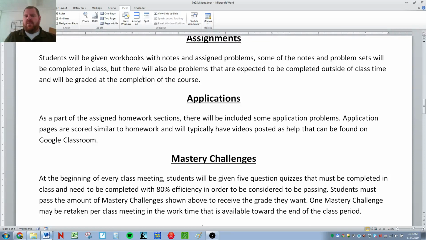Students will be given workbooks with notes and assigned problems. The workbook will look how I just showed you, and in between those notes you'll see assignment number 1, number 2, and so on. They're all numbered, and that's how you know that it's a graded homework.